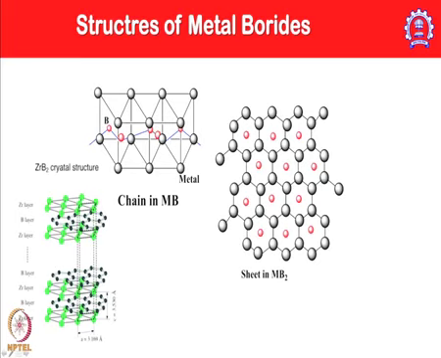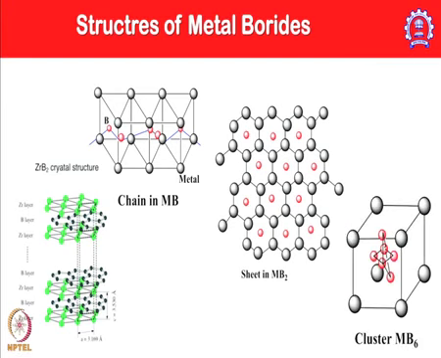It continues in this fashion. And in case of borides of the type MB6, as I mentioned, you can see this cubane consists of metals at 8 corners, encapsulating this boron cluster with boron atoms arranged in octahedral fashion.